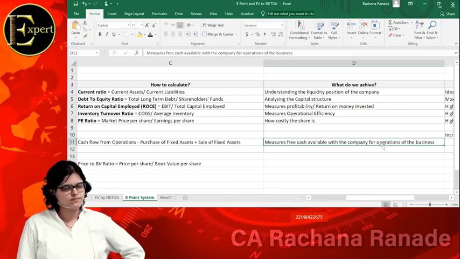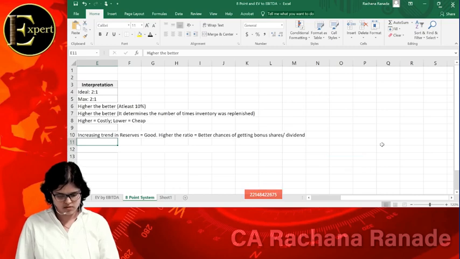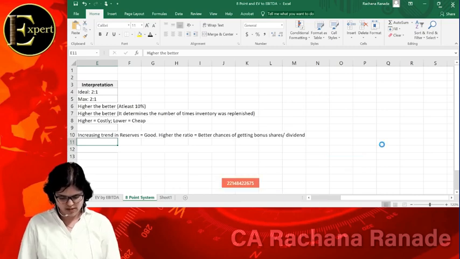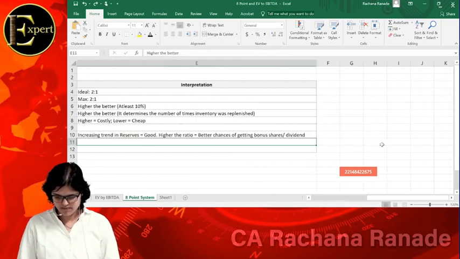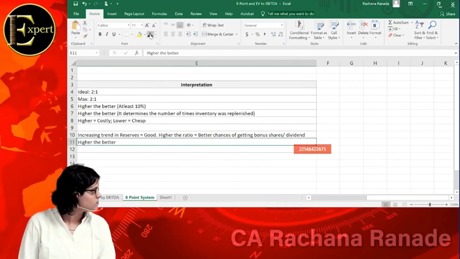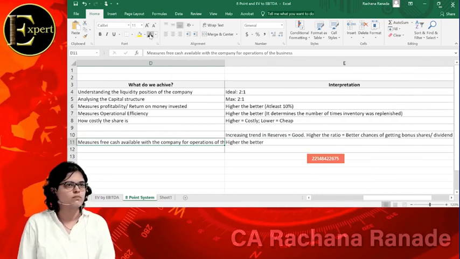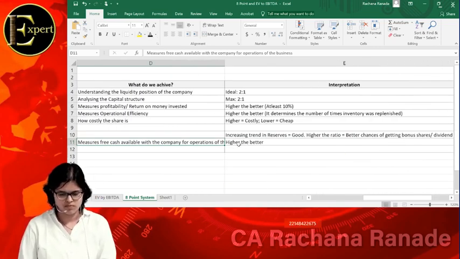Can we go on? Acha, higher the better? Yes or no? Yes. So you can just quickly write down higher the better for interpretation.